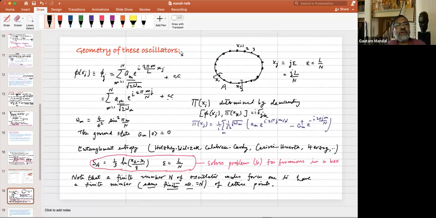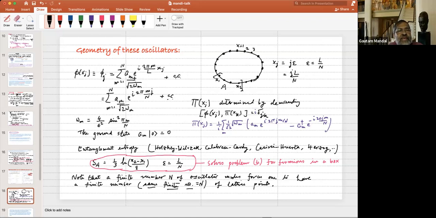So there's a finite number of oscillators. So you can construct, in fact, phi of x in this fashion by putting points on a lattice, let's say of length capital L, and by the usual mode expansion of lattice bosons. The fact that there are a finite number n of oscillators automatically forces you to have n lattice points here, because the oscillators and the phi's have the same bits of information.